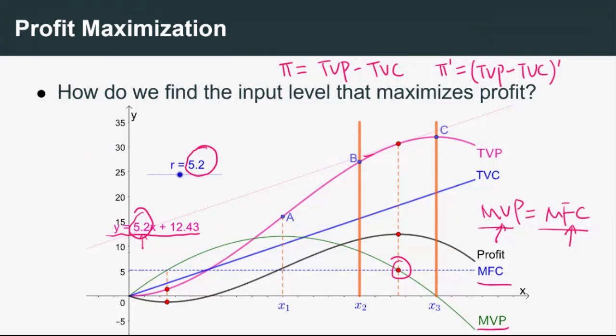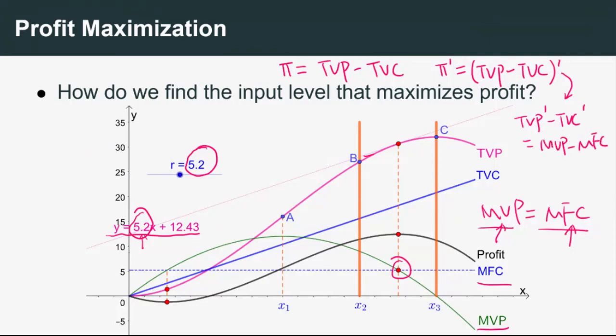And remember we learned in the lab session that if you have sums and differences, the derivative of the sums and differences is just the difference of the derivatives of the original functions. So here the pi prime will equal TVP prime minus TVC prime, which will equal MVP minus MFC.